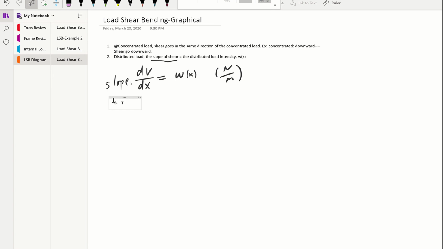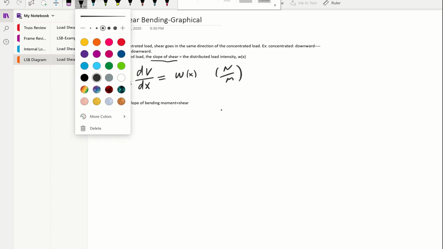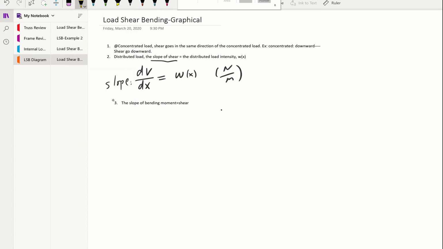You already kind of noticed last time, the slope of the bending moment equals the shear. We concluded that in our last video with this discovery. So it's going to be equal to the slope of the bending. Again, the slope means what? Derivative. So the slope of the bending, dM over dx, is going to be equal to your V. Okay.